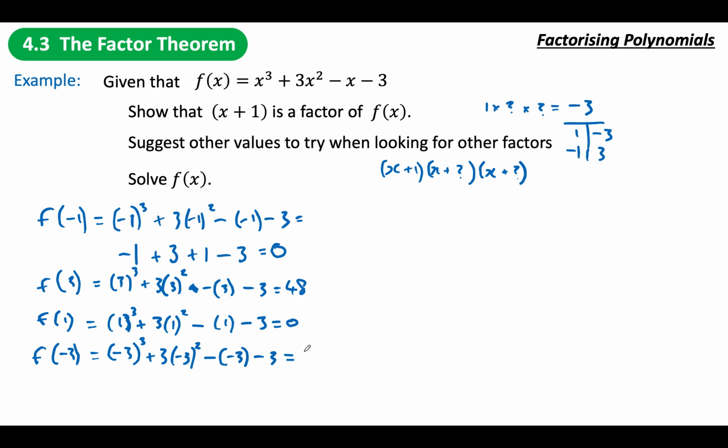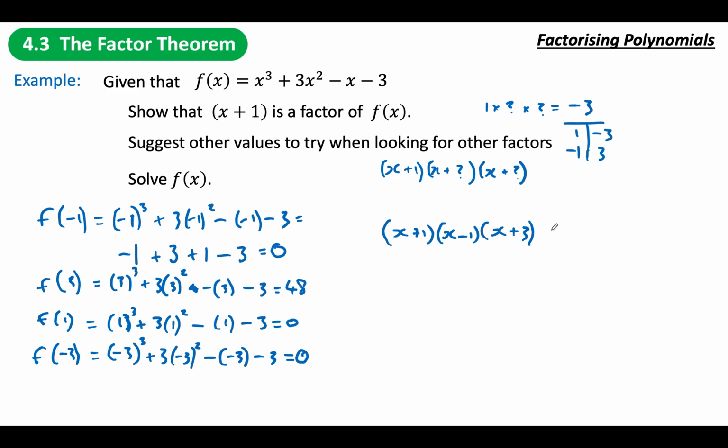Take away the 3 at the end, we're left with 0. So my 3 factors are x. And remember, we've got to change the signs. So it's x plus 1 for that first one. It's then going to be x take away 1. And then it's going to be x plus 3. Because remember, it was -3 we put in. So it's +3 in that bracket there.